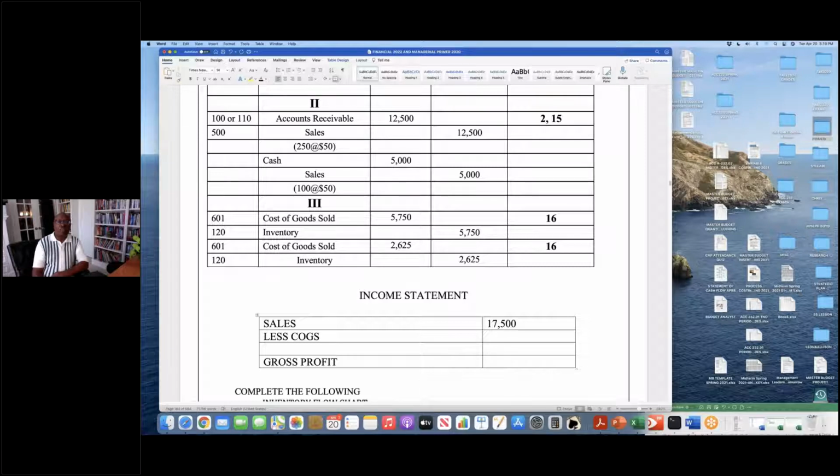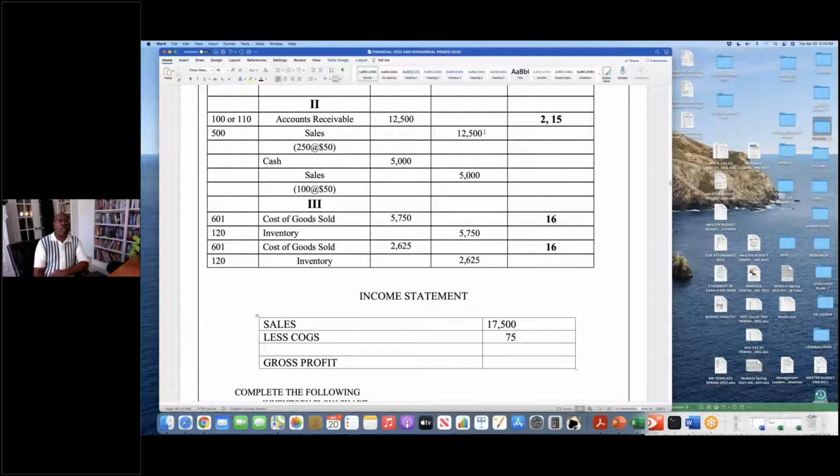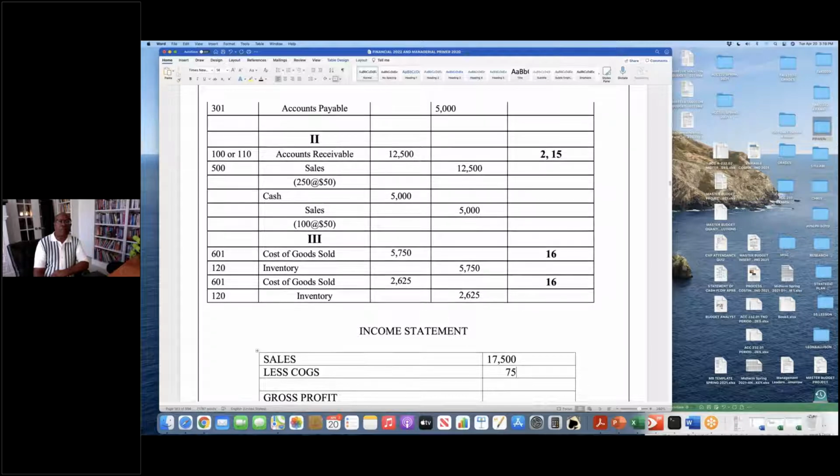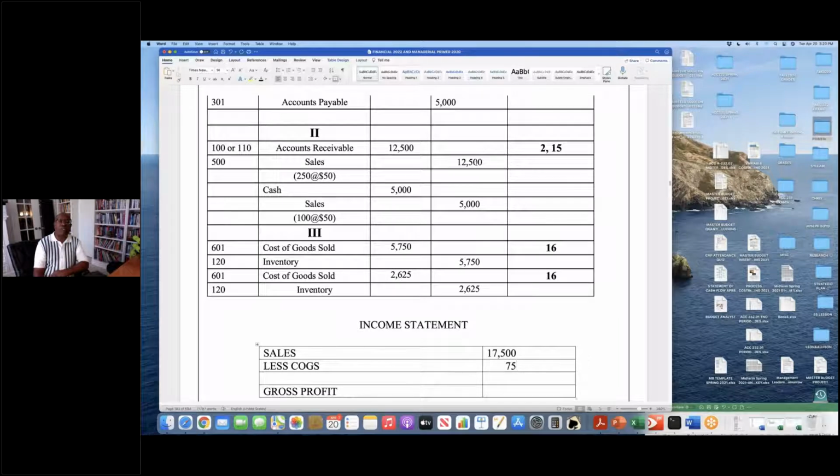Professor Boyd, how did you get 17,500? I add the sales numbers. Oh, sorry, I thought that was a different number. My bad. So 12,500 and 5,000, we add the sales numbers.